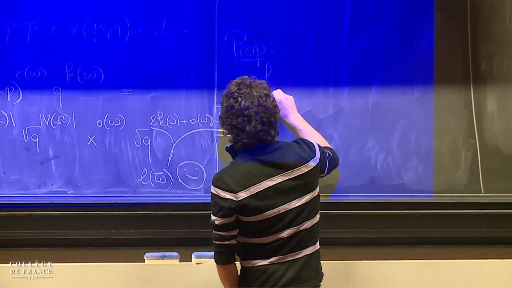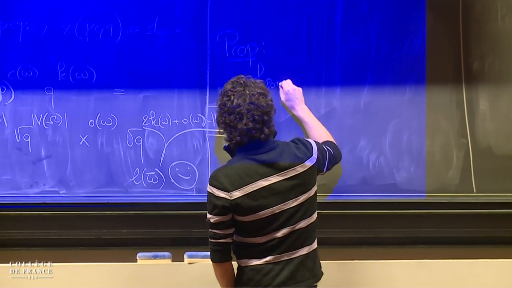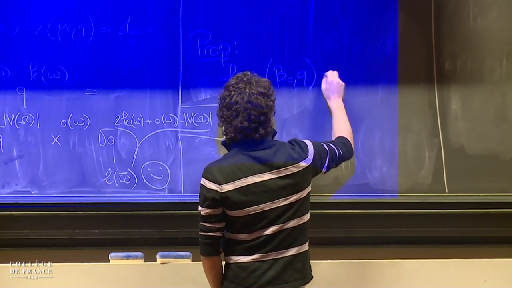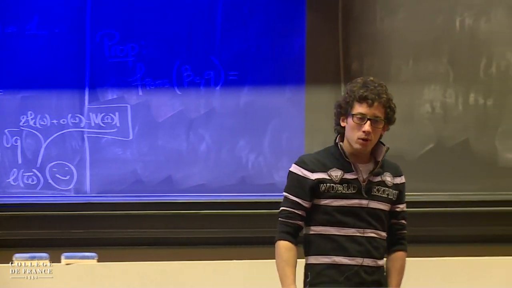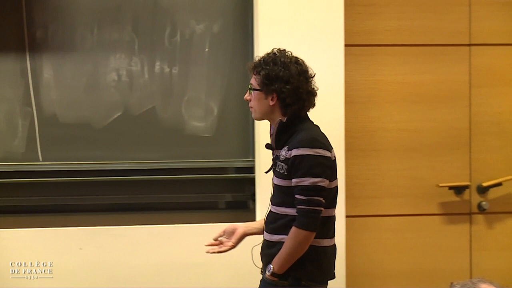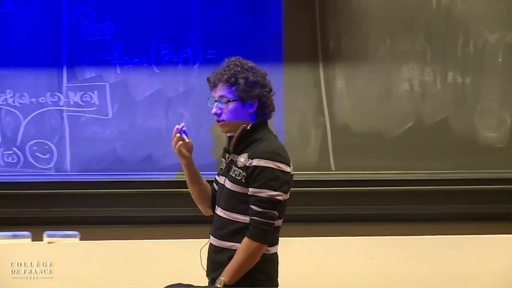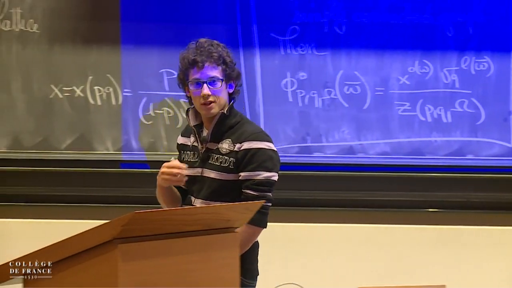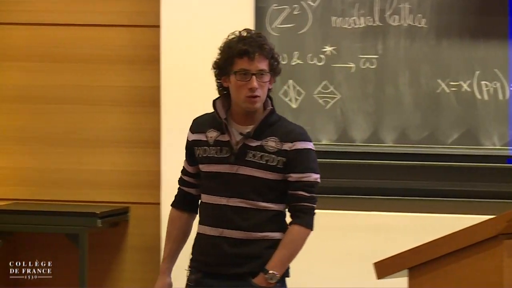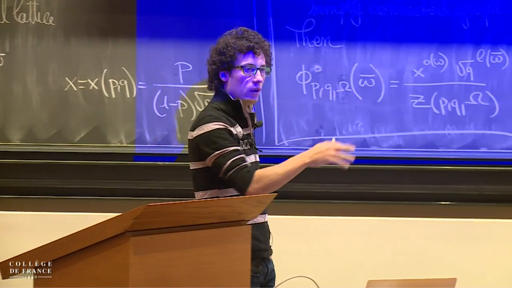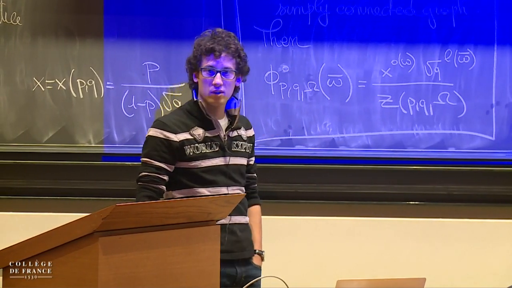If I look at the free energy of the Potts model at temperature beta_c and q. So remember the free energy of a model, you take the partition function, say on a box of size n, you take the logarithm, you divide by the size of your box, and you let the size of the box go to infinity. It gives you the free energy of the model. For those who really don't know that, you can just forget about this property. It's not going to be used later.